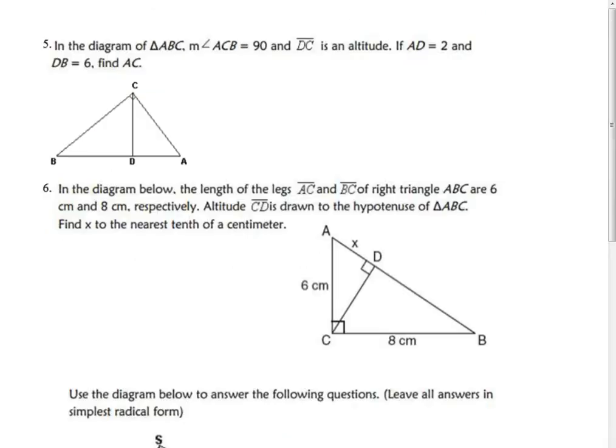Now we're going to get into our Hills and SAS questions. One of the things I would add to my formula sheet would be a diagram of Hills and SAS.